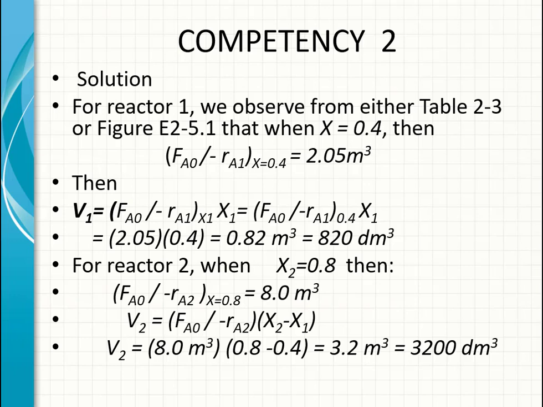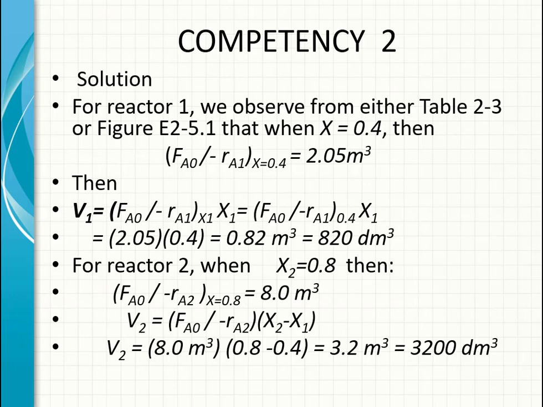Then the volume of the first reactor will be FA0 divided by minus RA evaluated at X equals 0.4 times X1. So that will be 2.05 times 0.4, which will give us 0.82 cubic meters or 820 liters.